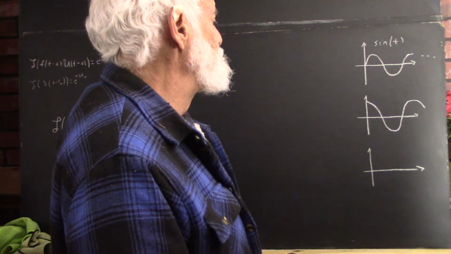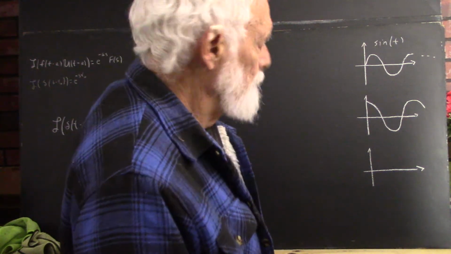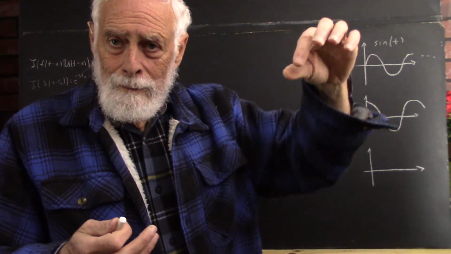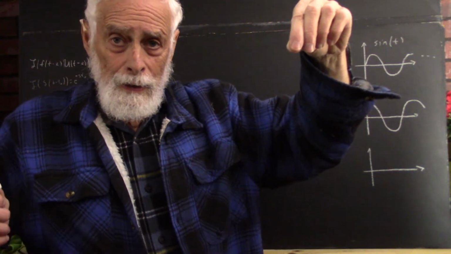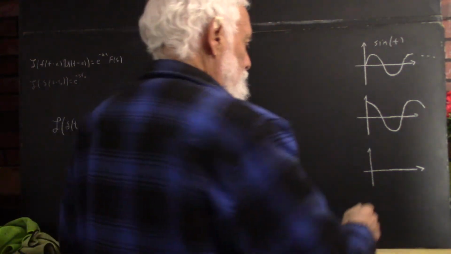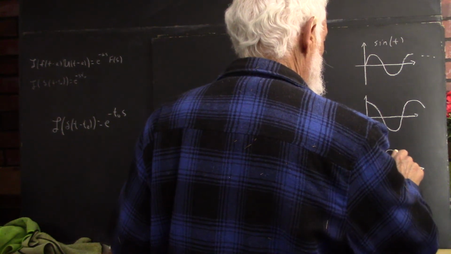Then of course, maybe we bring it over to the negative side and hold it stationary, but then hit it with an impulse. And that would give us a graph maybe that looks like this.